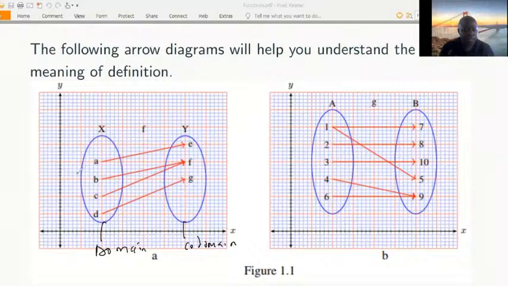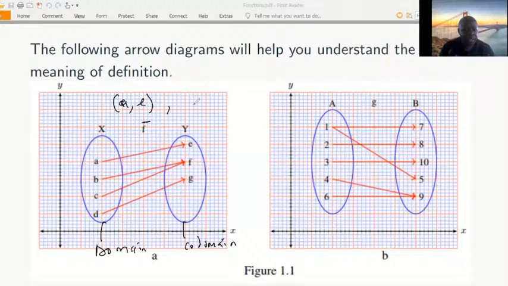We are assigning every element. What you realize here is that every object, or every element in X, has been assigned an element in Y. So this is our function f. A has been assigned e.